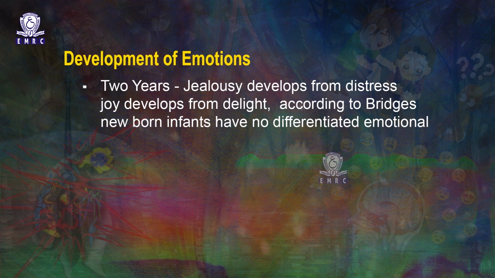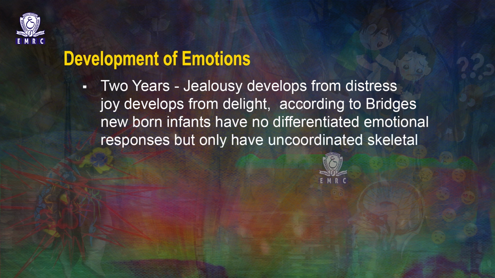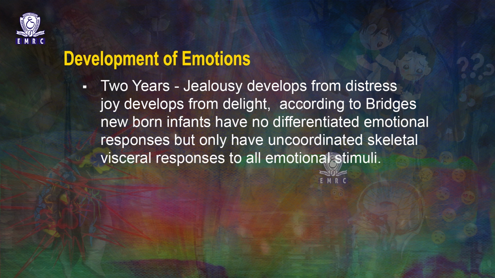According to Bridges, newborn infants have no differentiated emotional responses but only have uncoordinated skeletal visceral responses to all emotional stimuli. As the organism develops and matures, various emotions begin to differentiate, with general distress and delight by about the 6th month, distress developing into definite anger, disgust and fear.